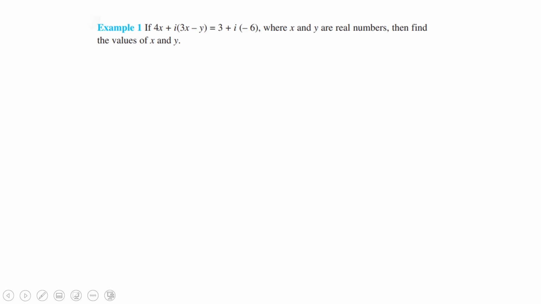So here I'll write down the equations. 4x equals 3, which I'll mark as 1 for easy convention, and 3x minus y equals minus 6, as 2.